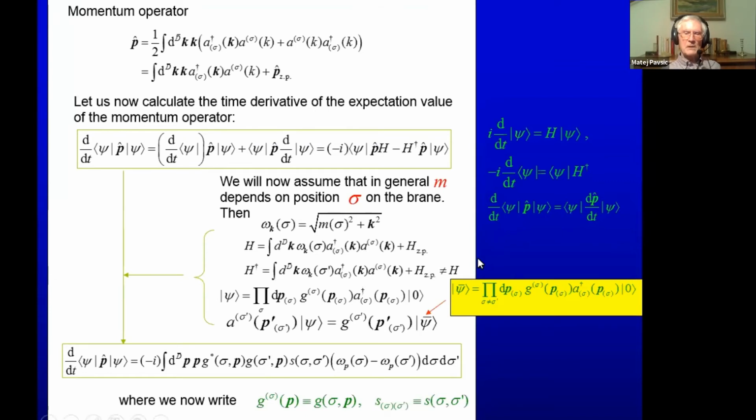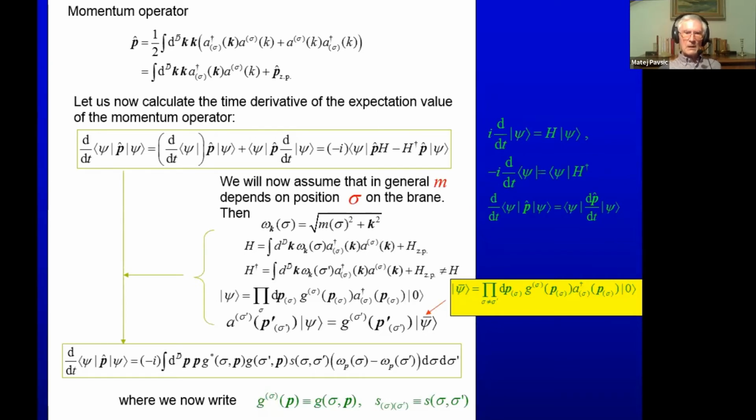I don't know if you are familiar with field theory, but those who are would recognize that this is well known in field theory. Momentum is given by this expression, which can then be written as this part plus zero point energy. Zero point energy comes because you change the order of these operators, and then this half disappears, but what remains is an infinite term, which causes problems in field theory. But in our case, it will cancel out.